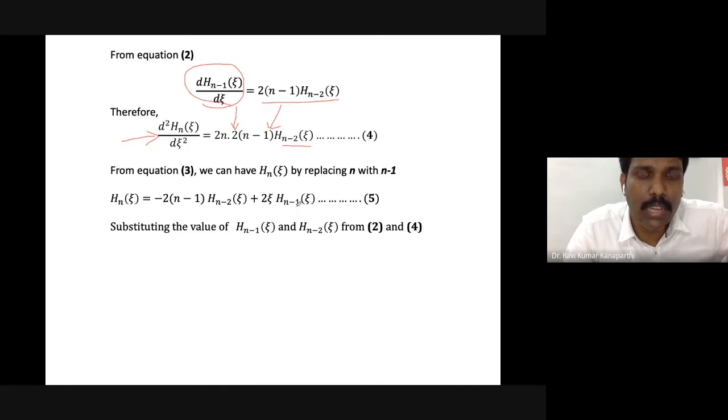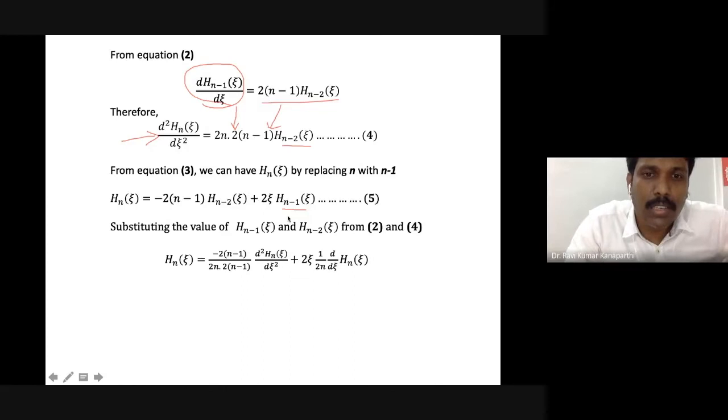From this you can actually write down the value of Hn minus 2. Similarly, you can write down the Hn minus 1 of z values. And essentially we will get this type of expression: Hn of z is equal to minus 2 multiplied by (n minus 1) by 2n multiplied by 2n minus 1.